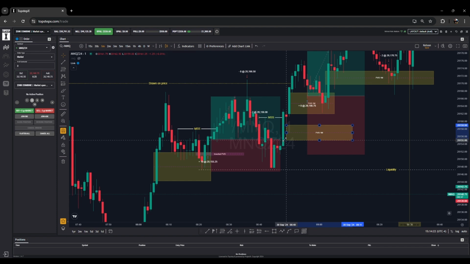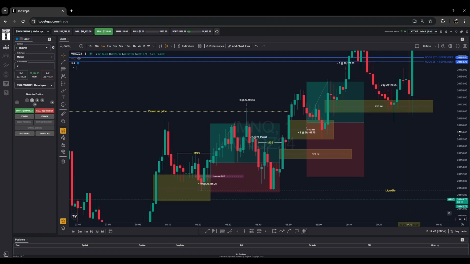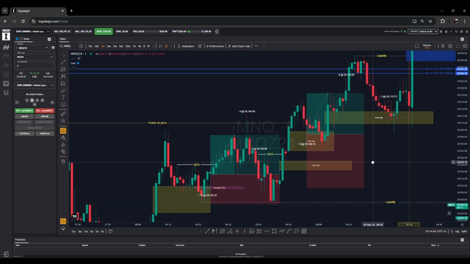Fair value gap right here. I still would have preferred the fair value gap above the highs, but it still gave a fair value gap, taking out the highs. Then price displaced up above the relative equal highs. It took them already, but it closed above this time. So I knew that price was going to continue up.